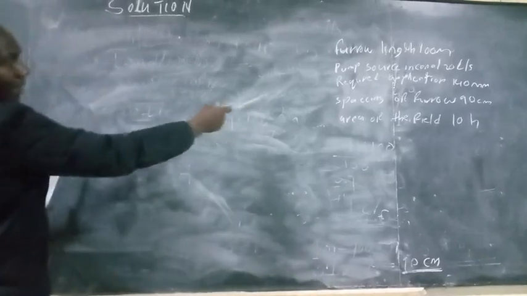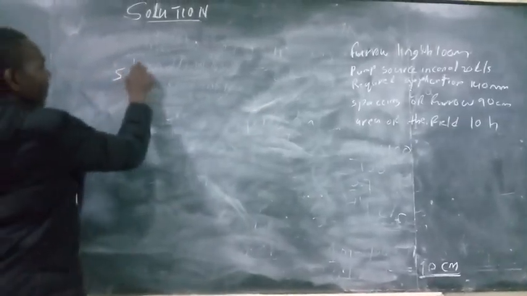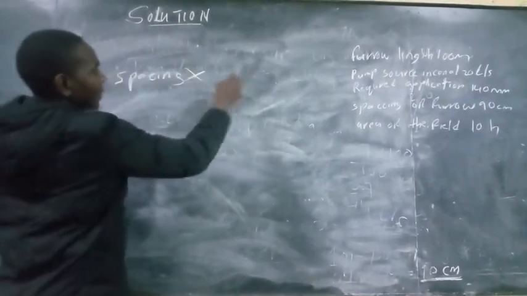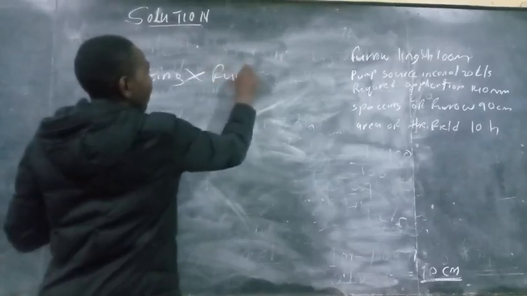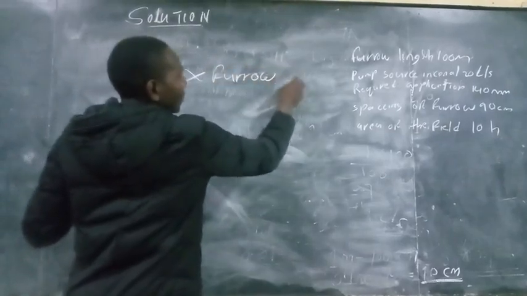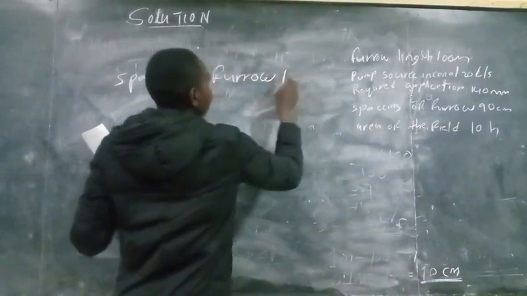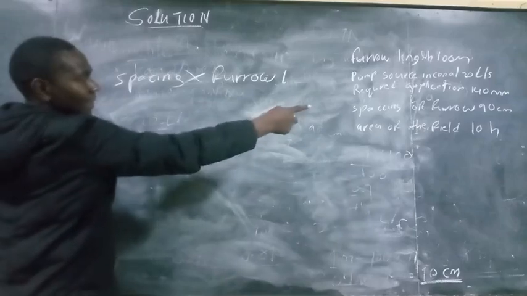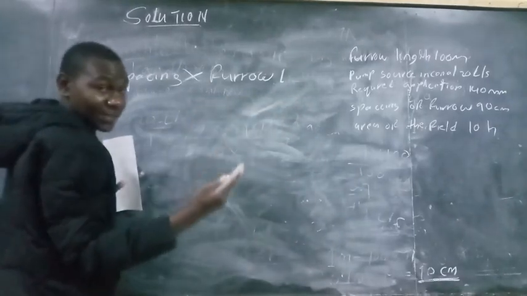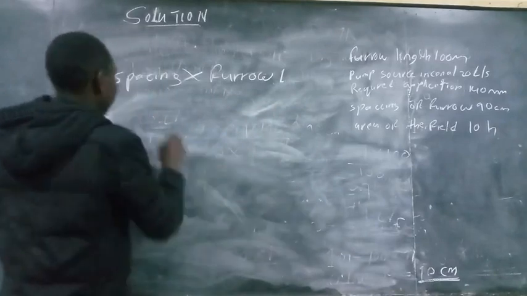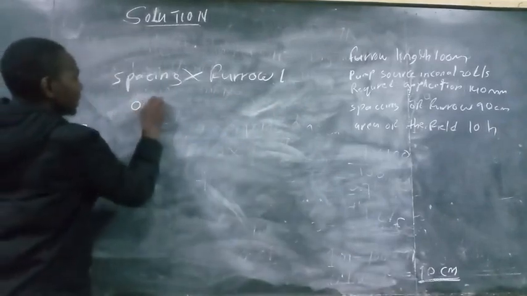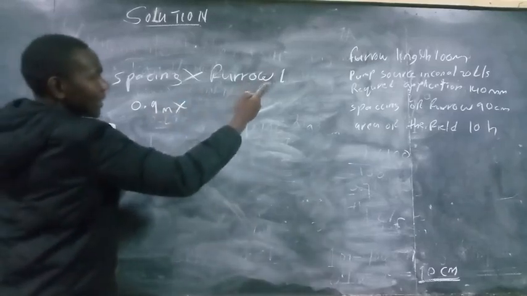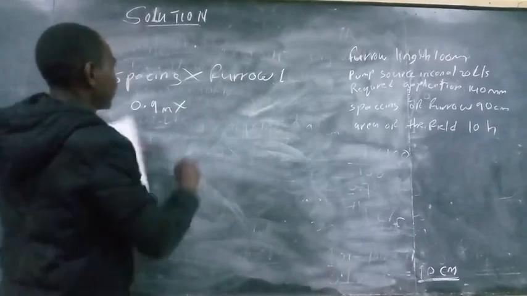So it's the spacing times the furrow length. What was your spacing according to your data? It is 90 centimeters. Now you convert that 90 centimeters into meters. So you are going to have 0.9 meter multiplied by 100 meters, which is the furrow length.